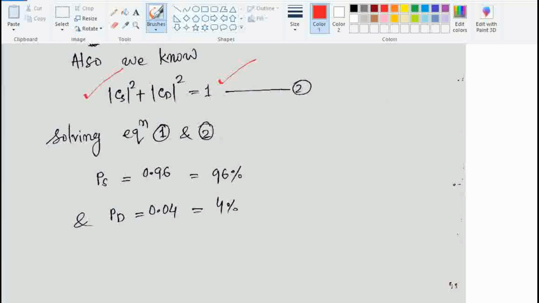That means there is a 96% probability that you will get it in the 3S1 state, and there is a very low probability of getting it in the 3D1 state, only 4%. So I hope you got the answer.